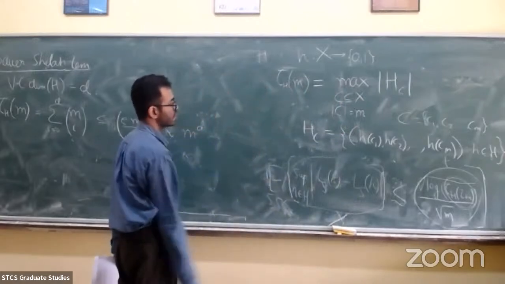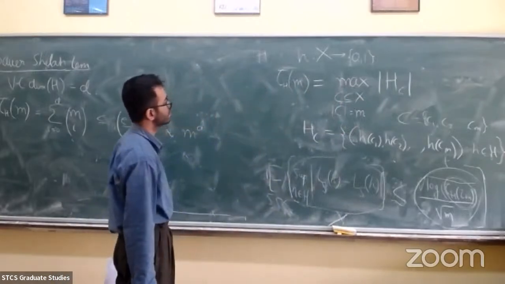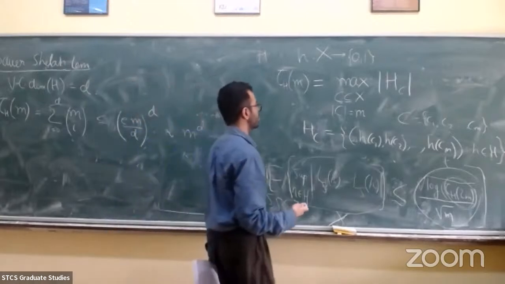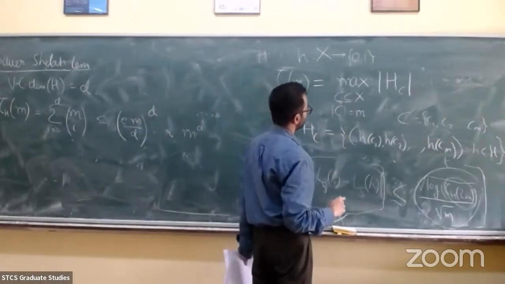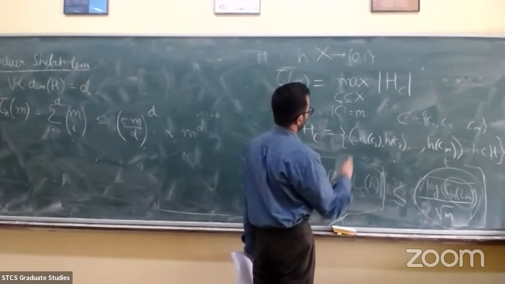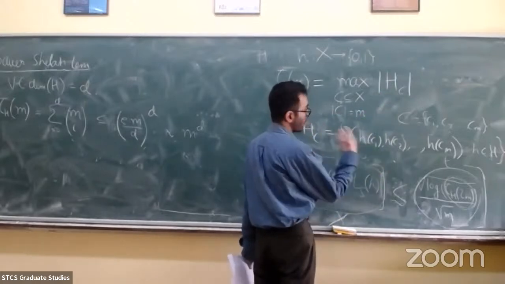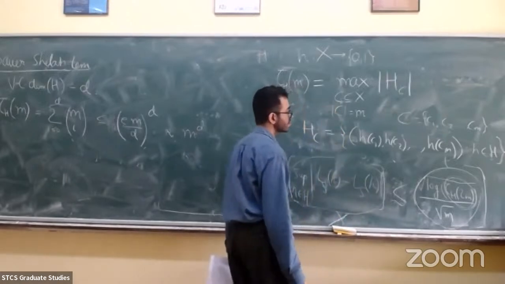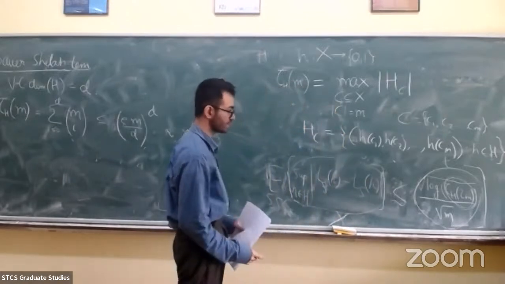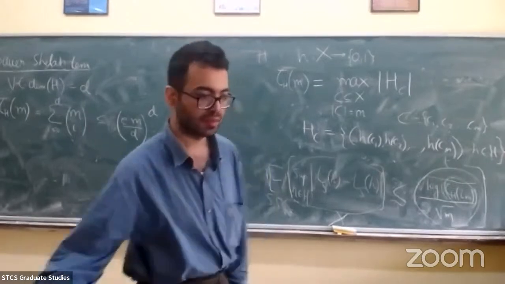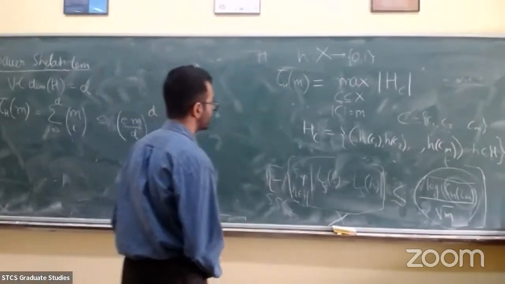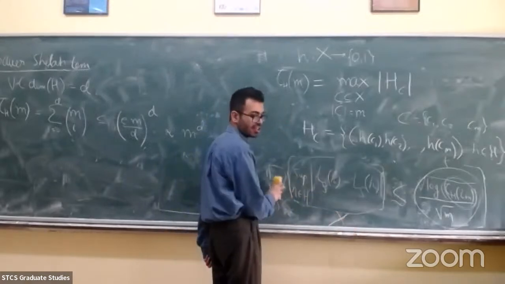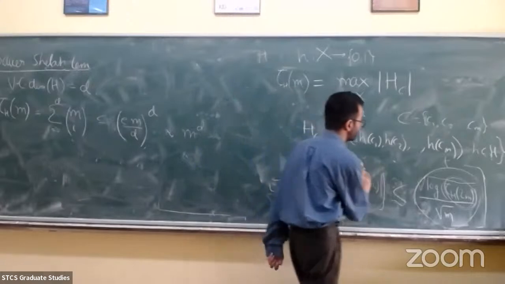So that's H_C. And tau_H of m is just saying: what is the maximum size of a restriction of H to C, over all subsets C whose size is exactly m.